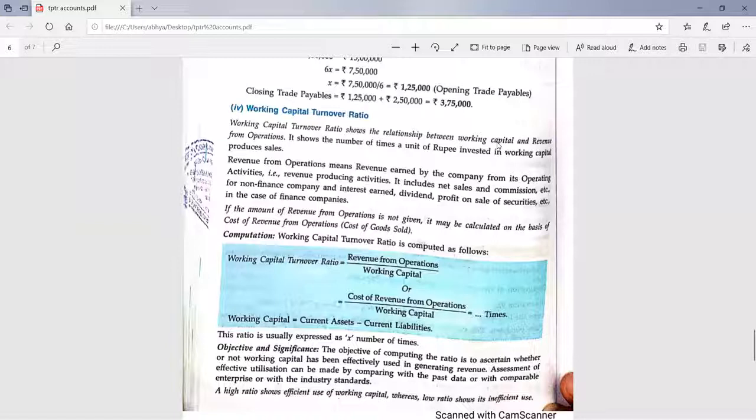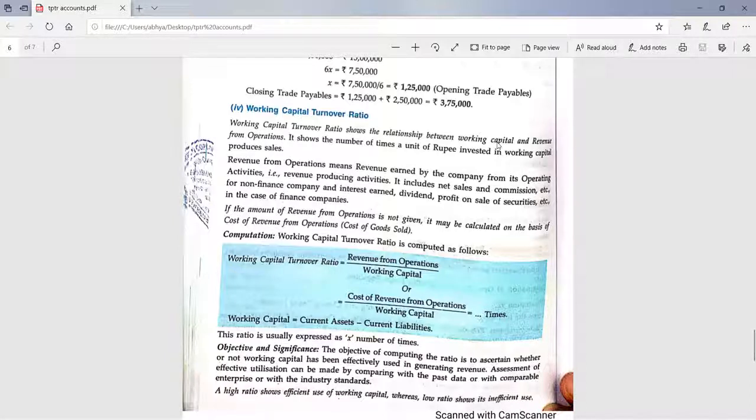If we are able to by solving the equations, then we have to use RFO in the formula. Cost of RFO is the second alternate, which can be used only when there is no information about RFO. And working capital is a very familiar concept for you because in earlier ratios we did that. Current assets minus current liabilities.